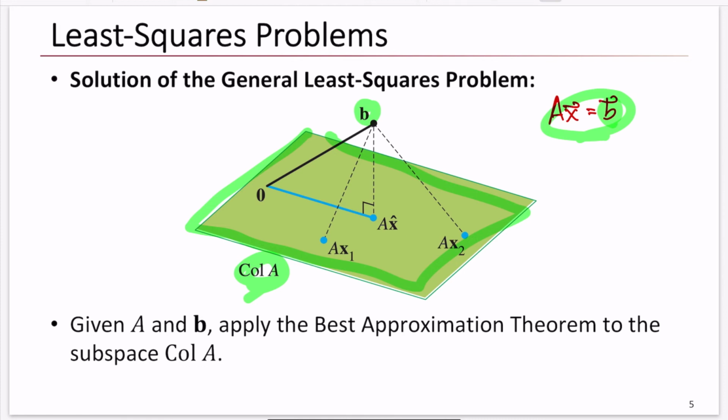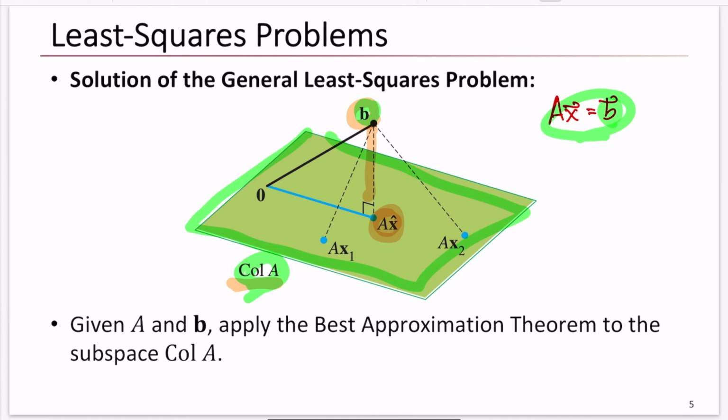Then we want to find the approximated solution A x hat, which lies in the column space of matrix A, and the distance from vector b to A x hat should be minimized.